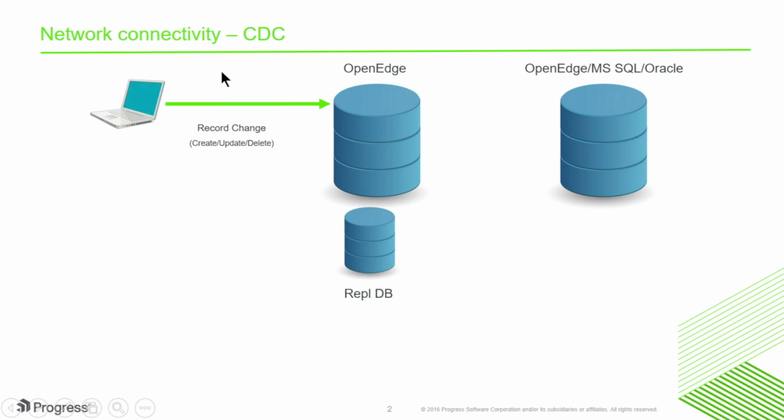So from an application perspective, if this is a CDC-enabled 11.7 database, the user community is connected to the source databases exactly as they are today without change. And the process is that we simply CDC enable this database. So from an application footprint, there are no modifications to that footprint.